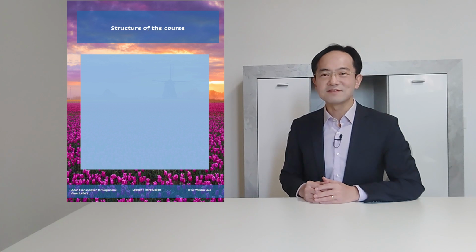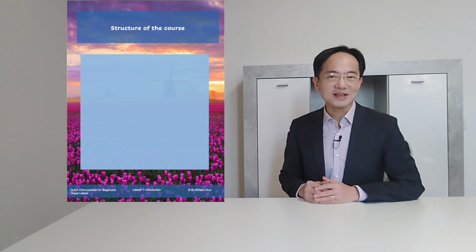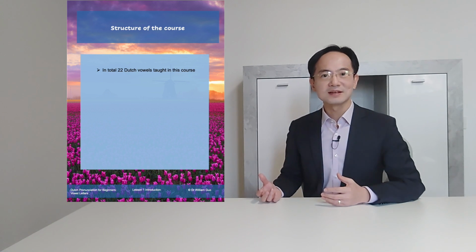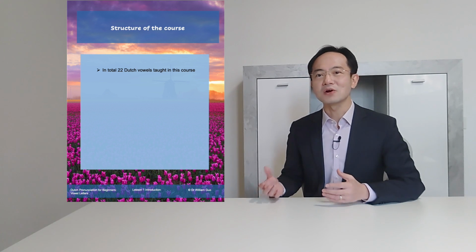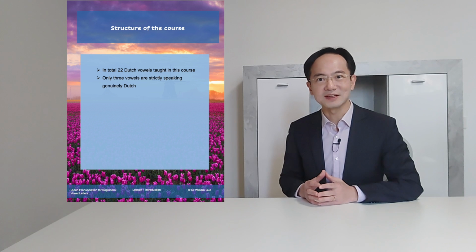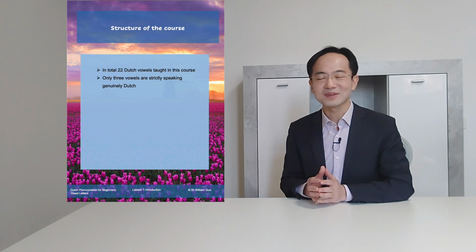After watching these final 2 lessons, you'll see that although we come across as many as 22 Dutch vowels in this course, an English speaker in fact only needs to master 3 vowels that are, strictly speaking, genuinely Dutch and don't also appear in English.